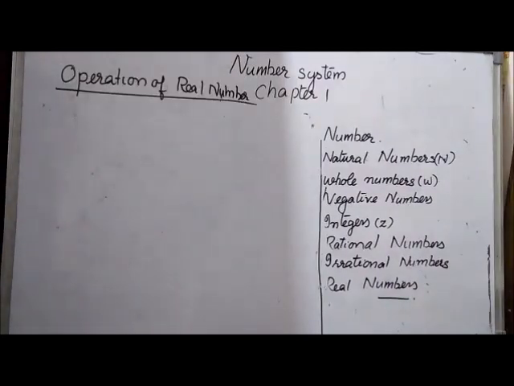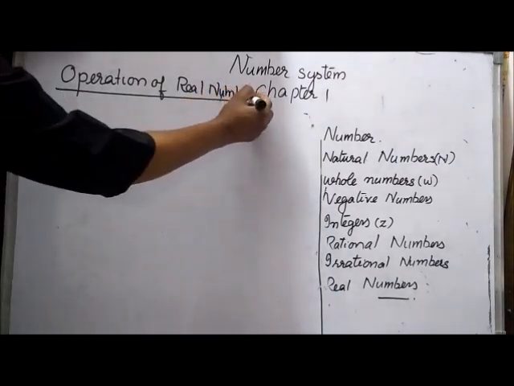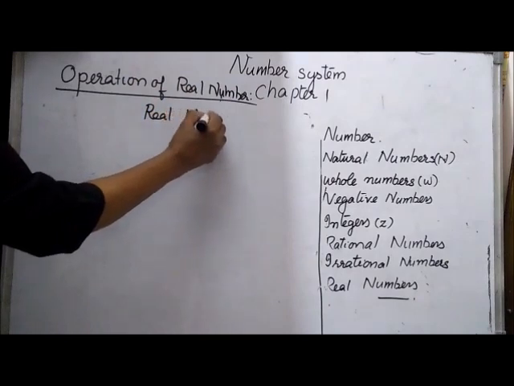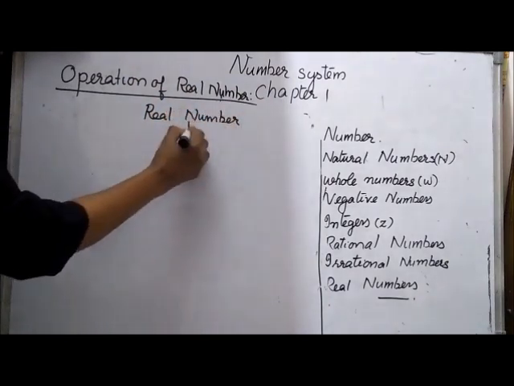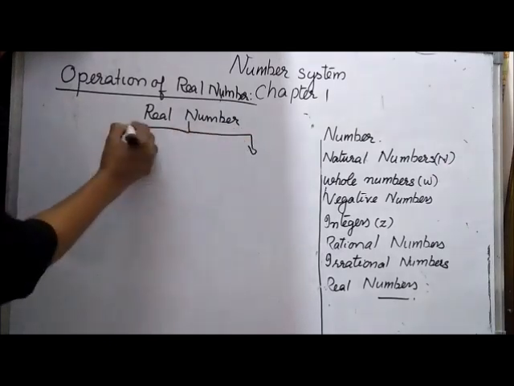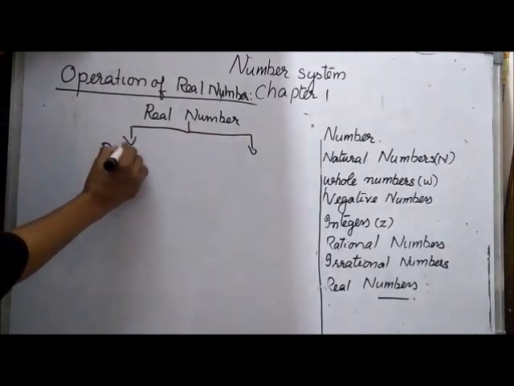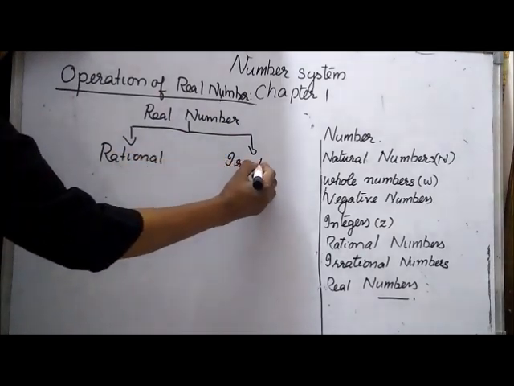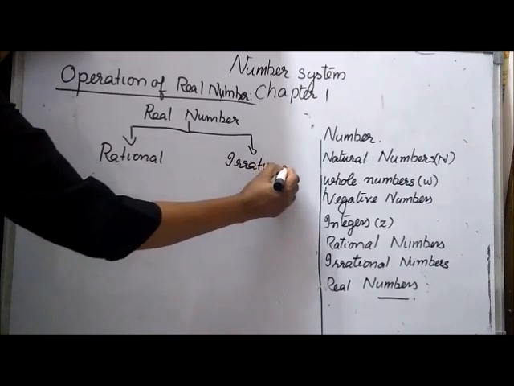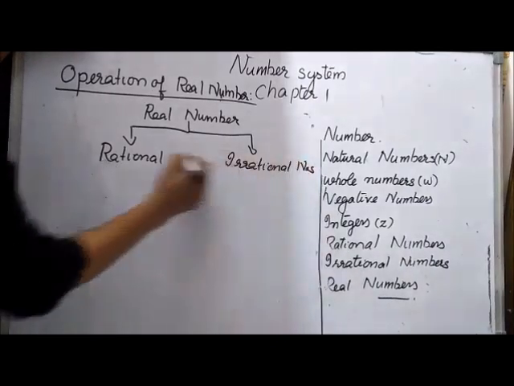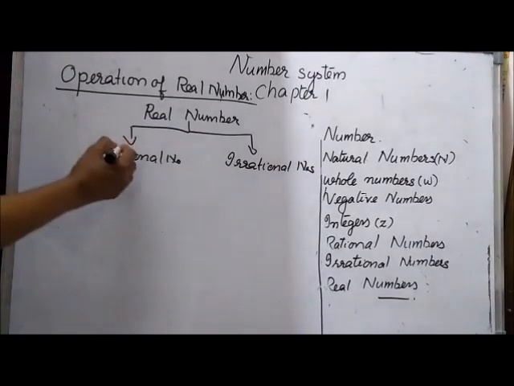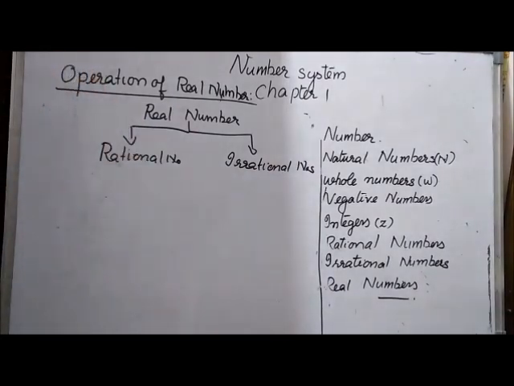So, operations on real numbers. Real numbers means rational and irrational numbers. For rational numbers, we know all the operations: addition, subtraction, multiplication and division.